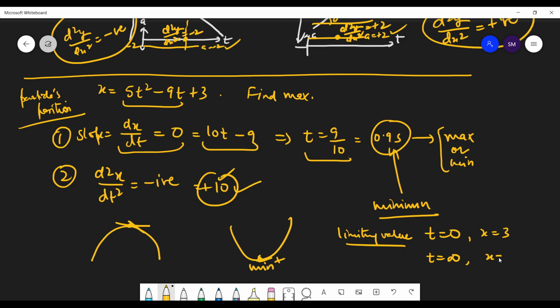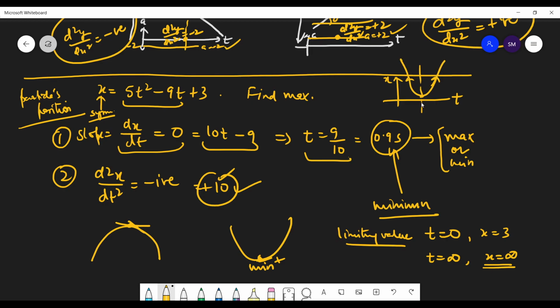And when t equals infinity, x equals infinity. So this is your time axis, this is your x. So this will be your graph. You cannot tell the maximum value, because it will keep on going.